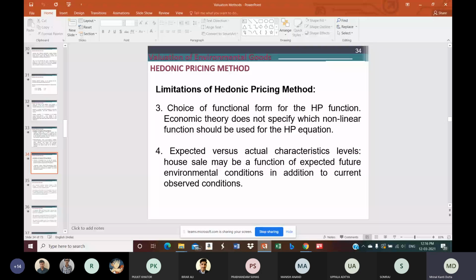For every attribute, house buyers are able to locate a house for which the marginal value of each environmental attribute is equal to the marginal cost. Basically, we try to find an optimal situation in which the marginal value of the attribute is equated with the marginal cost of getting it. So in essence, we have to ensure the equimarginal principle, and we assume that that is possible, but it may not always happen.